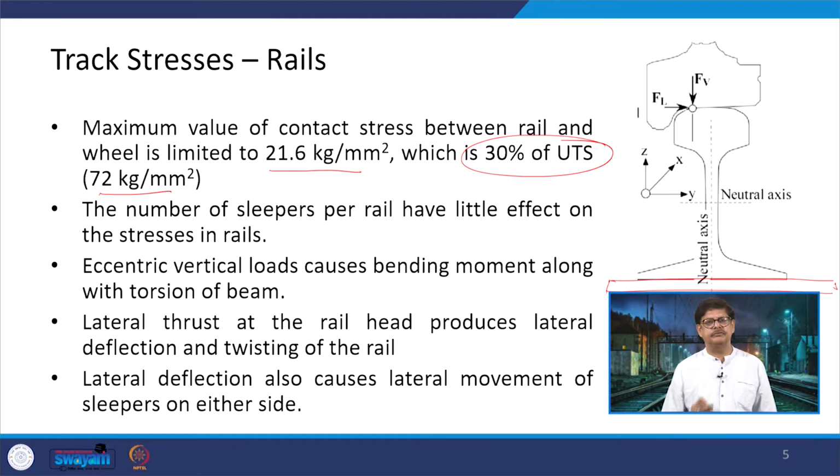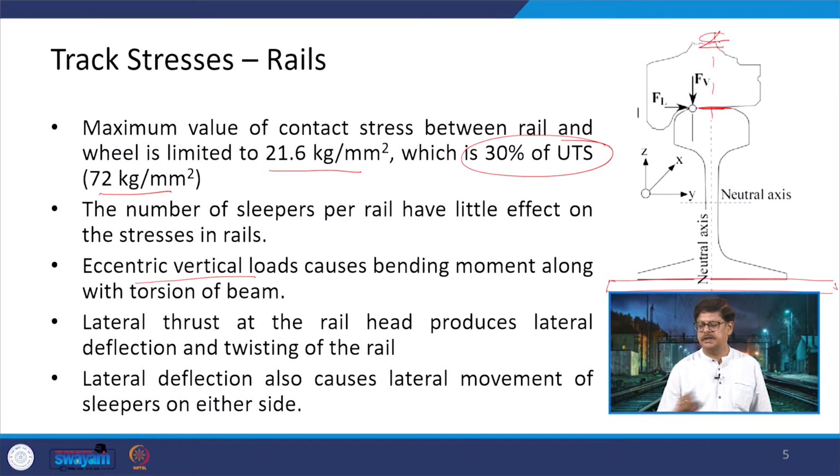But in the case of these track stresses, when we are talking about this point where the contact is there between the wheel and the rail section, it has a lesser effect. Another condition which may happen is the eccentric vertical loading. Now, when you talk about this eccentric vertical loading, if you see here, the center line of the rail section is at this point.